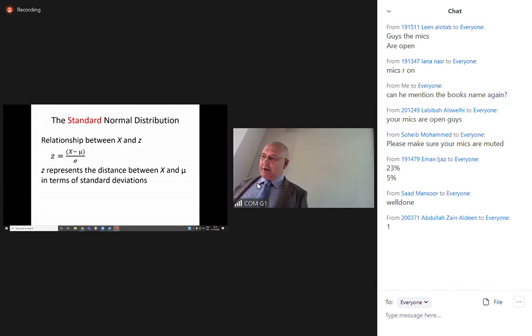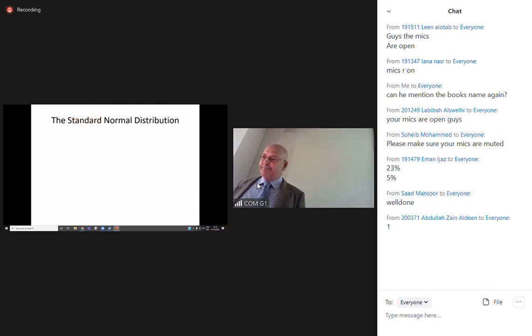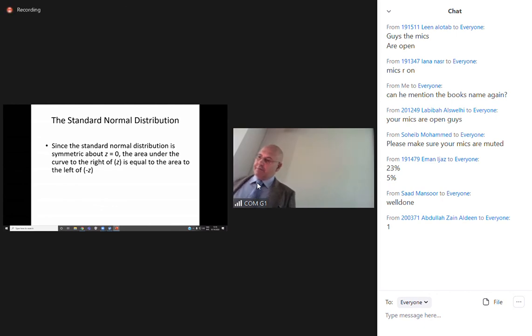Okay, so the Z here that we calculate represents the distance in terms of standard deviations. So the standard normal distribution is symmetrical around 0, and the area under the curve to the right is equal to the area of the curve to the left. Okay, so as I say, it's symmetrical.